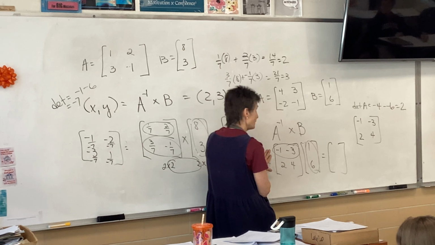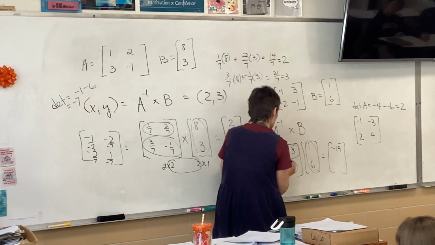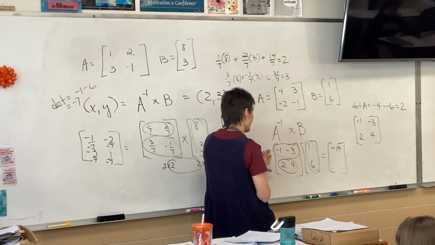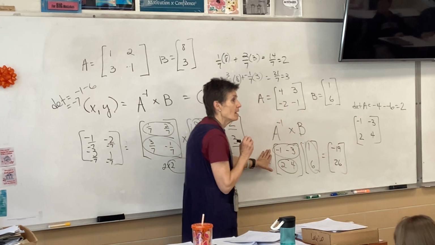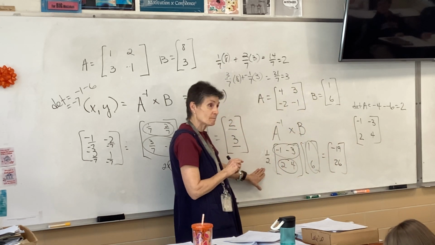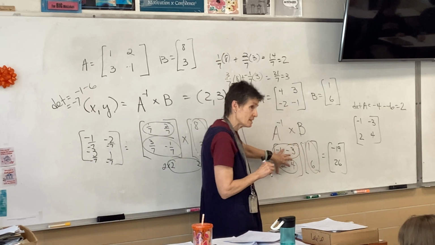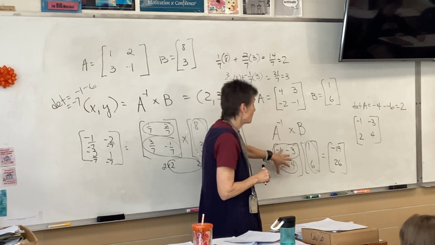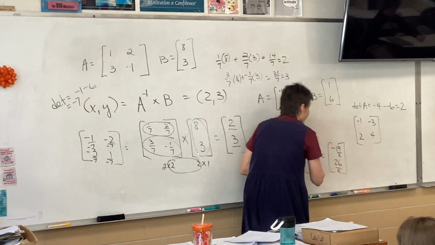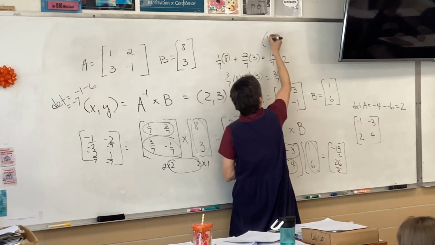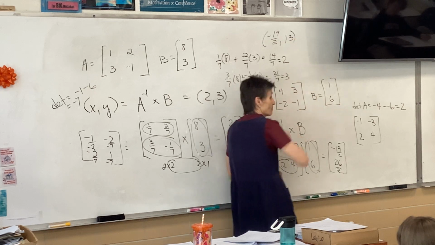Negative 1, negative 18, negative 19. And then do this times that, and I get 26. Then divide everything by 2. So if you don't want to make the fractions here, it's okay, you don't have to. But you can't forget that. Eventually you have to make the fractions. So what would our final answer be? Negative 19 halves, comma, 13.